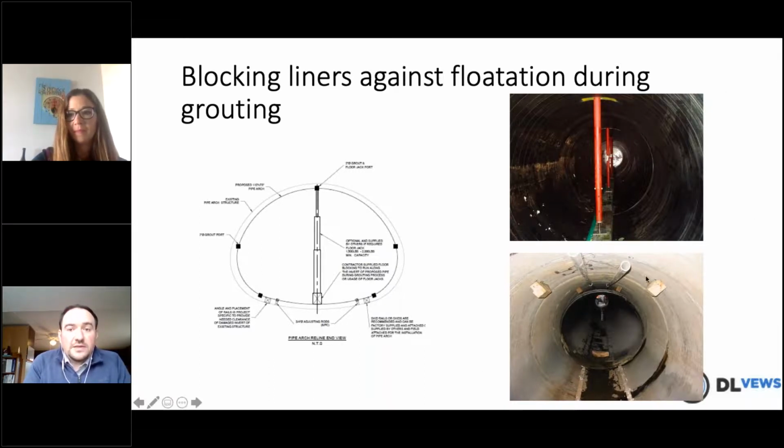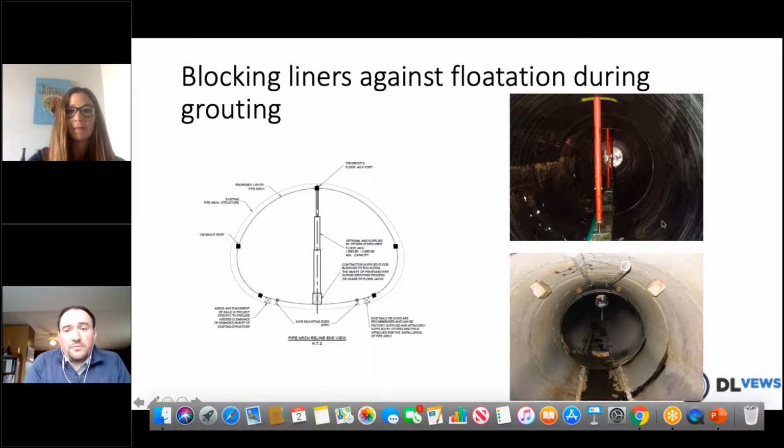And if it's a man entry pipe, you might consider doing what you see in the top right picture there, which is let's core some holes in the ceiling and put some pipe jacks up through that ceiling to pin into the host pipe wall. In that image on the left, that's an elevation view essentially showing you the concept.